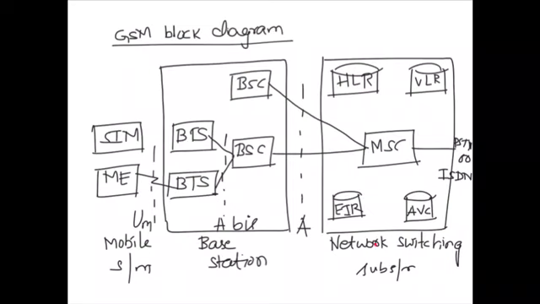Now let us move on to the last part of the GSM block diagram, that is network switching subsystem. It is the core network of the GSM system that provides the main control and interfacing for the whole mobile network.